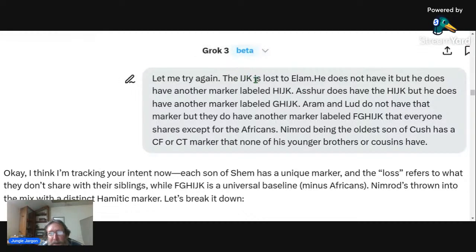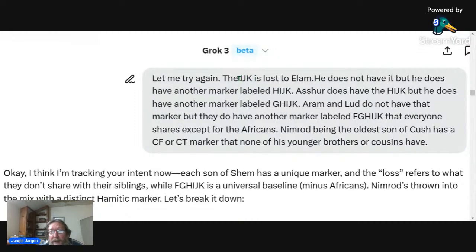So this SNP marker labeled IJ is lost to Elam because the root of the tree is anchored in, well, all three, but especially the oldest one first, which is Japheth. So the K is Japheth, IJ is Arpachshad.